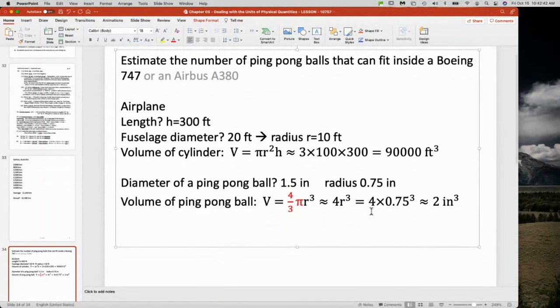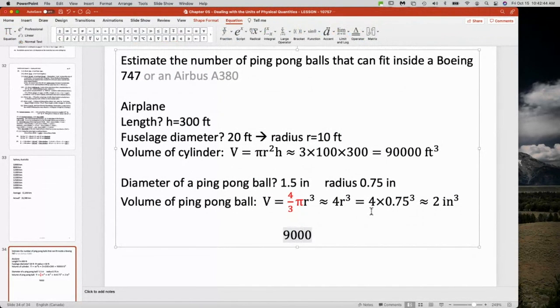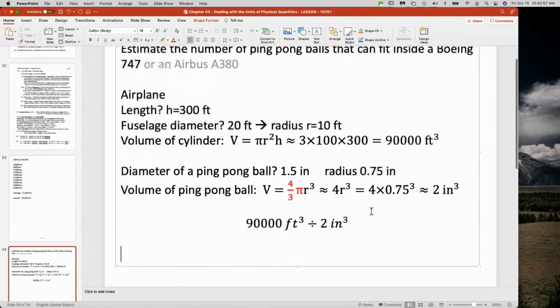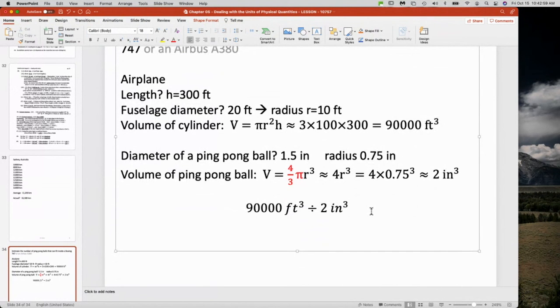Okay, so what you want to do now is take 90,000 cubic feet and divide by 2 cubic inches. And anyway, those units do not match.